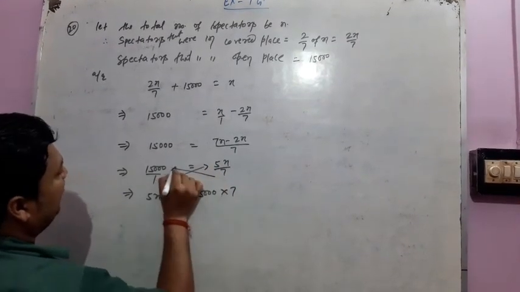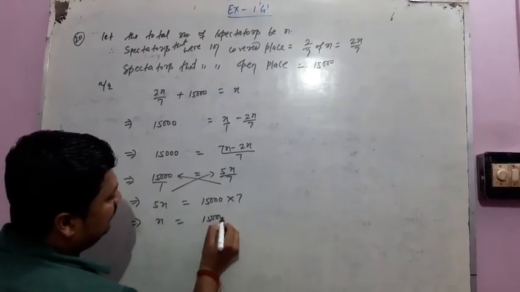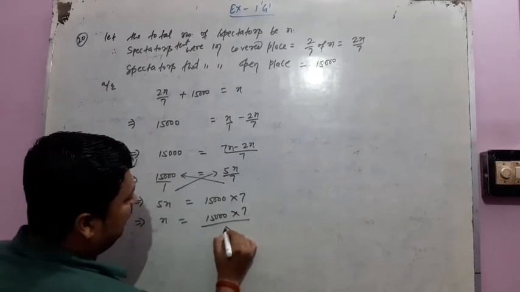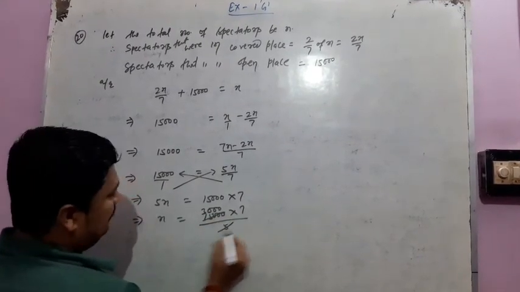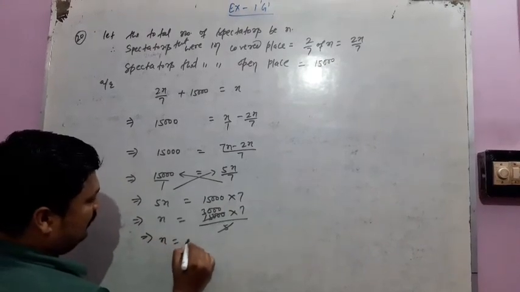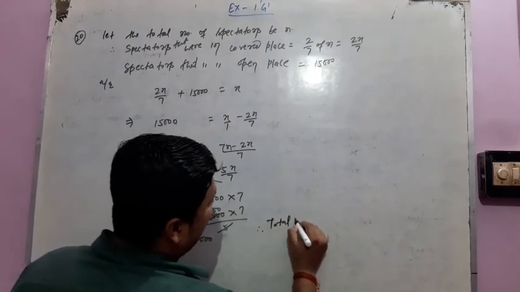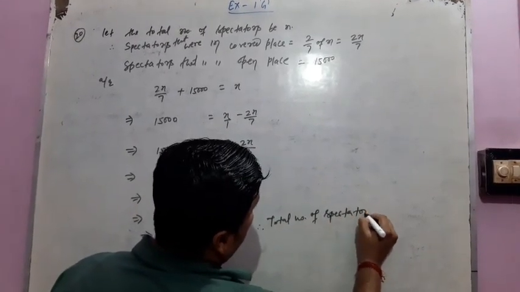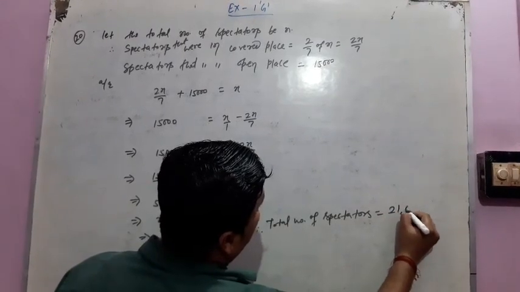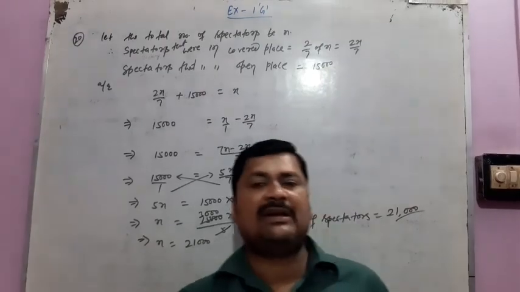Therefore the value of x is 15,000 into 7 by 5. 5 3s are 15, so 3 7s are 21,000. Therefore, the total number of spectators is 21,000.